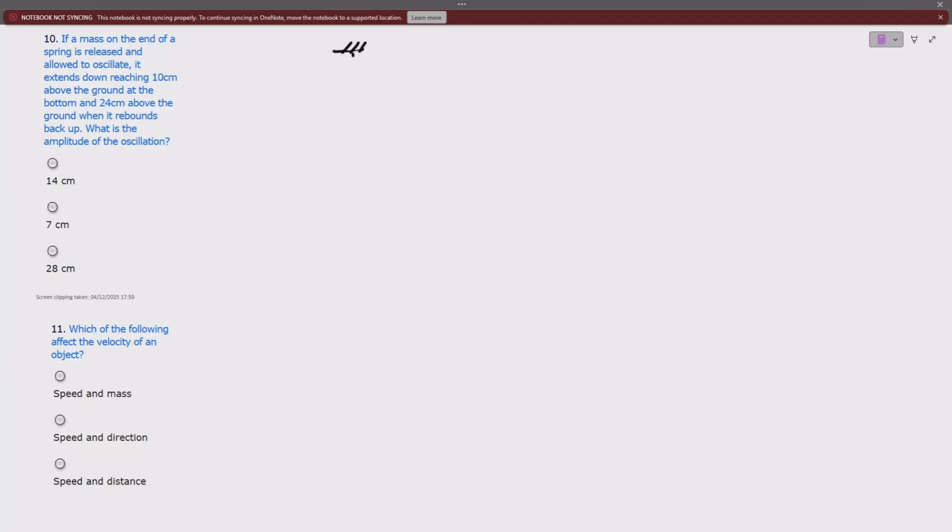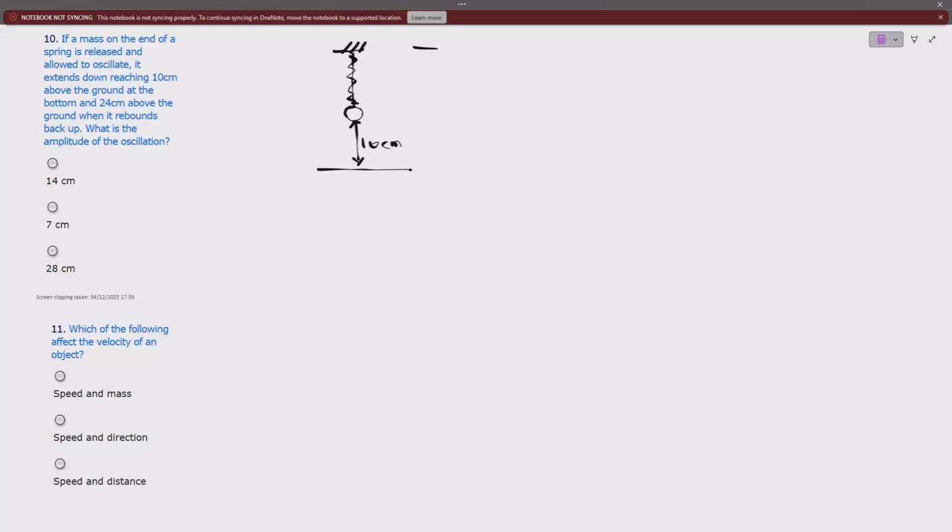So we have this pendulum hanging, and that is the string. So it extends now, reaching, sorry, 10 centimeters. So this is the floor. That is 10 centimeters. It rebounds back at 24 centimeters above the ground.